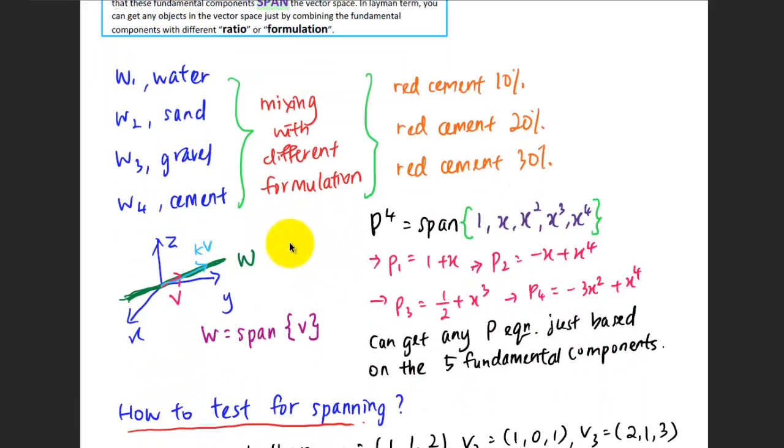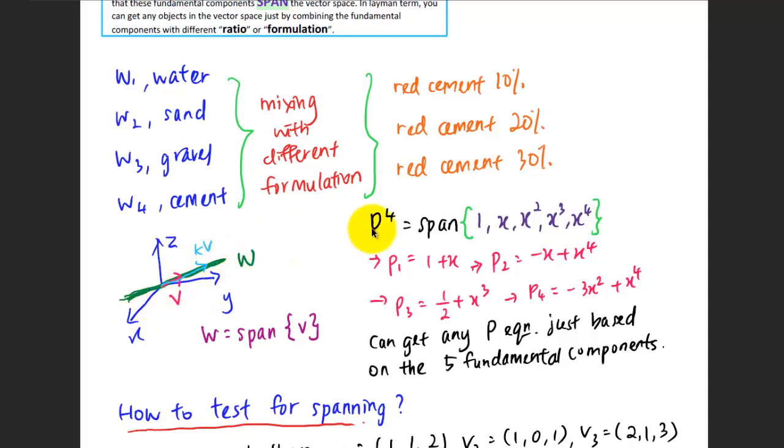So geometrically, let's imagine that W is a vector space or a family of objects or vectors, and the fundamental component is V. By using the V component here, you can multiply it with any scalar to obtain new members that are along this W line. And when you connect all the new members together, you actually get back the W vector space, the line here.